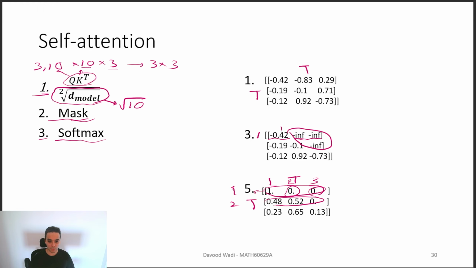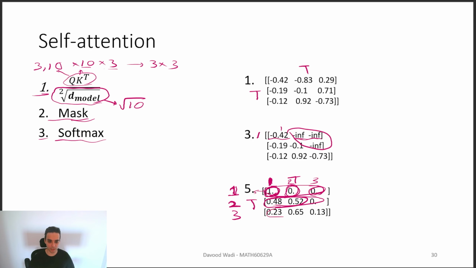And when I want to predict the first word in the output, the value of my attention here now would be 1 for the first input word, 0 for subsequent words. So to predict the first word, I can only look at the first word in the input. To predict the second word in the output, I can now look at the first word and the second word in the input.